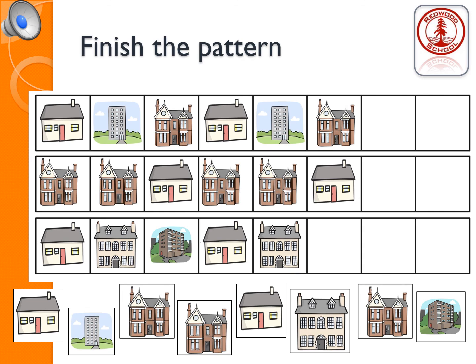In this activity, can you finish the pattern of the buildings using the pictures down below to help you? In the first line, it goes bungalow, flat, detached house. Bungalow, flat, detached house. What two buildings come next?